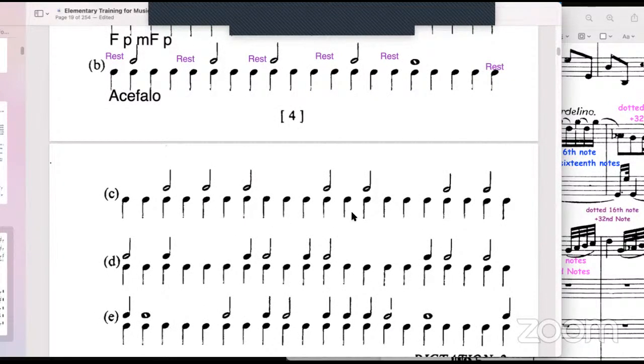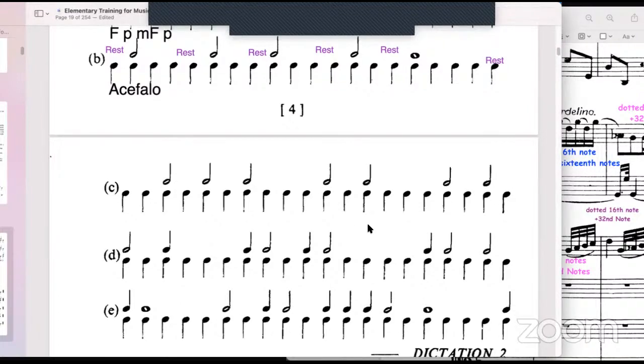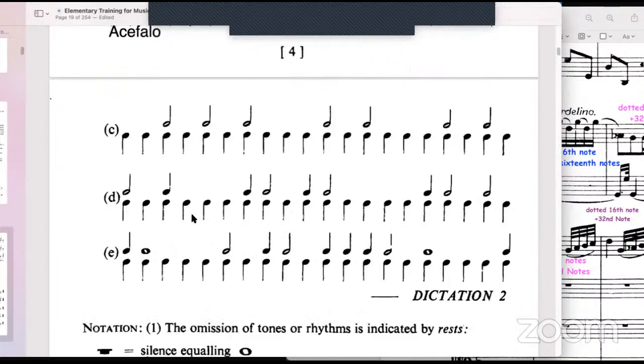Letter D. Ta, ta, ta. So here, 1, 2, 3, 4 has on the rest. So ta, ta, ta, ta.